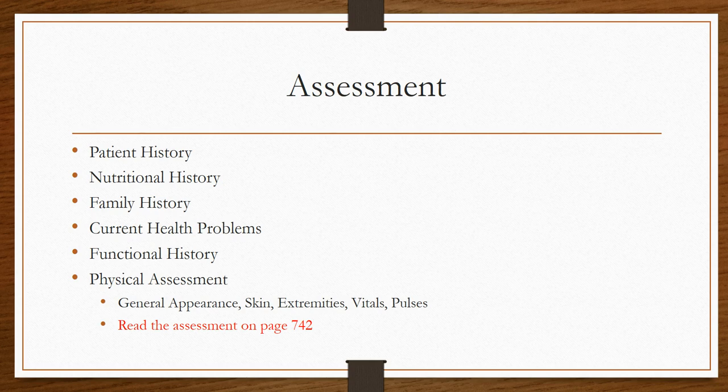Do they eat a lot of junk food, a lot of fast food? Do they eat a lot of foods that contain salt, or do they add a lot of salt to their food? Current health problems: I've taken health histories from patients, and if you don't ask the right question, you don't get an answer. So there seems to be a lot of redundancy, but again, you're really trying to get to the bottom of what the problem is or how they got to this point.